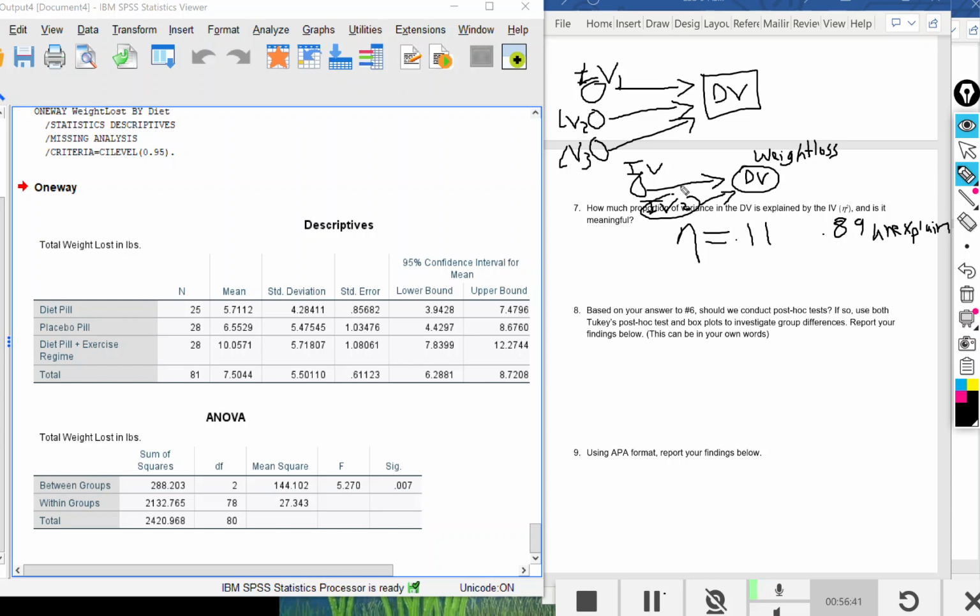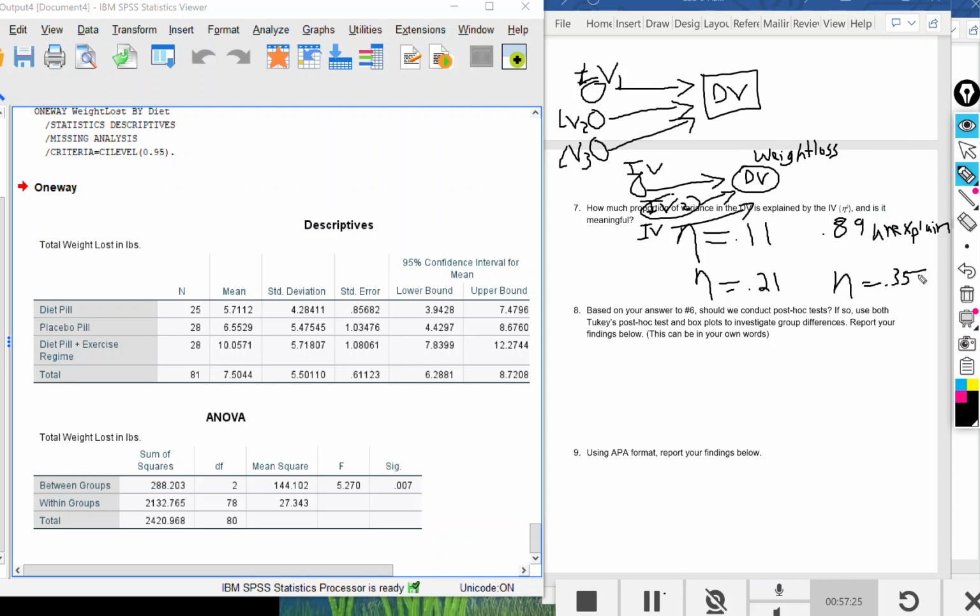If we were to add this second IV, then maybe eta square would be 0.20 or 0.21. And then if we were to add a third IV, perhaps something like how much sleep they get, that would affect their weight loss as well. So you have one group that gets 8 hours of sleep, another group that only gets 2, and a third group that gets maybe 4 hours of sleep. And how does that affect their weight loss? Maybe the effect size would be 0.35.